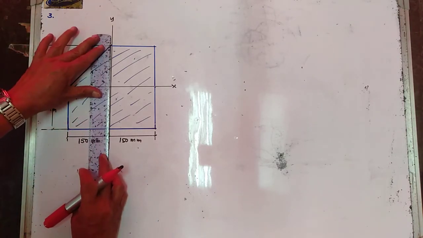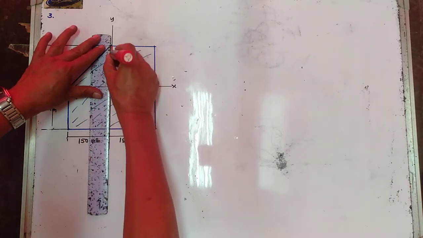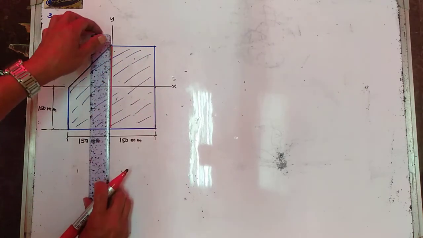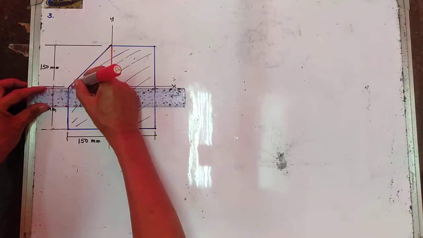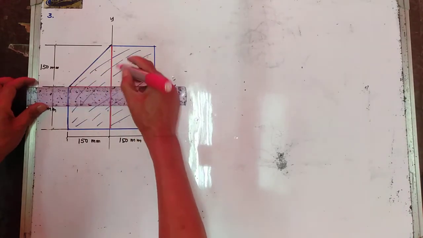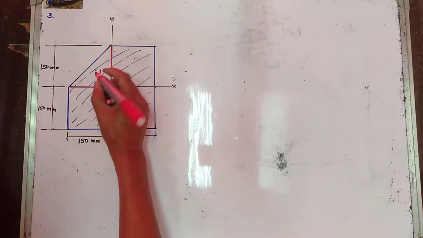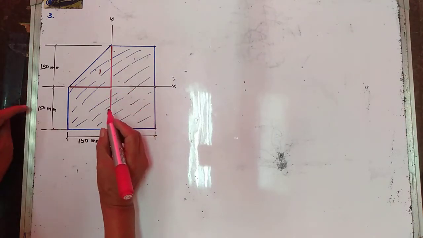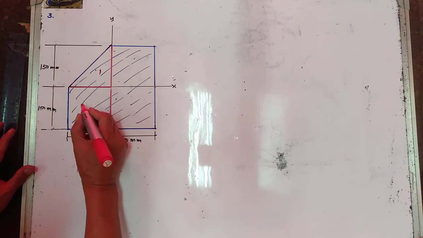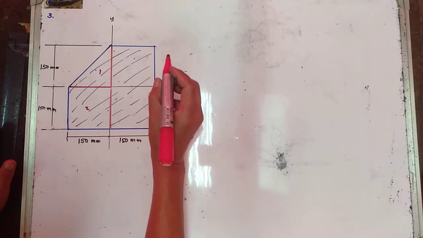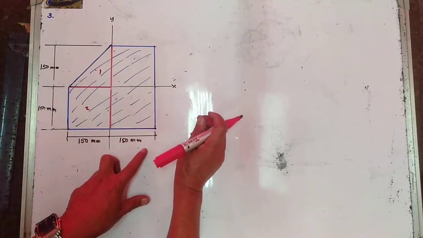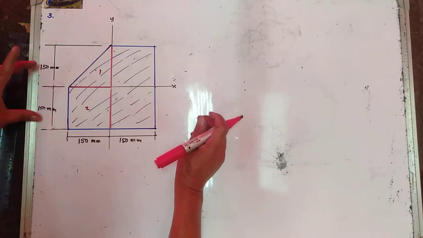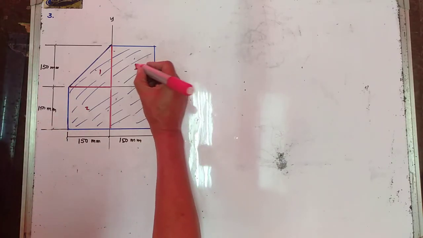So first, I'm going to consider this as now the area. The first area is your triangular area. The second area is your square area, 150 by 150. And we have the third area, your rectangular area, 150 by 300 millimeter.